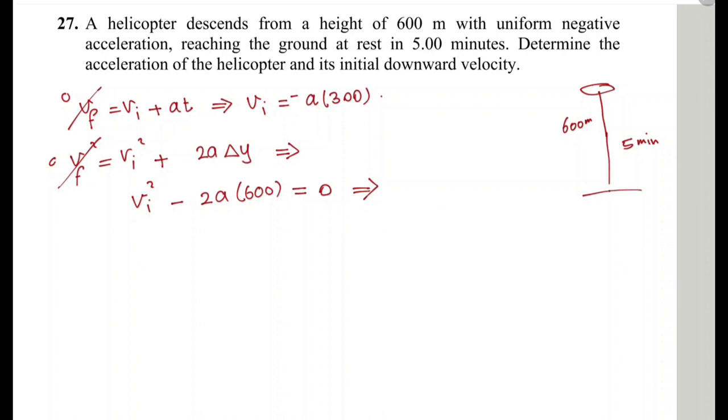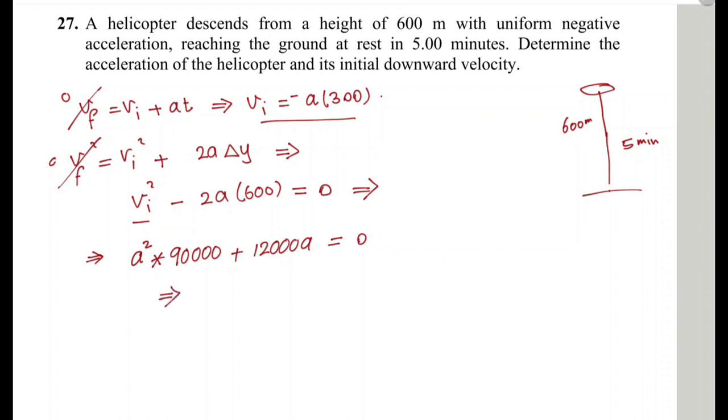Now you substitute the initial velocity from before back into this one, and you will get a squared times 90,000 plus 12,000a equal to 0.